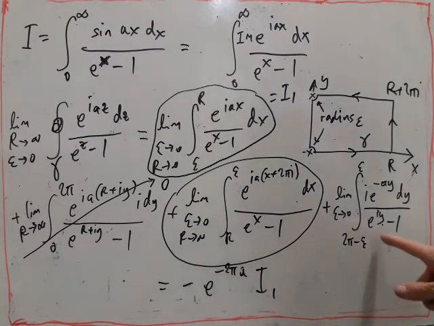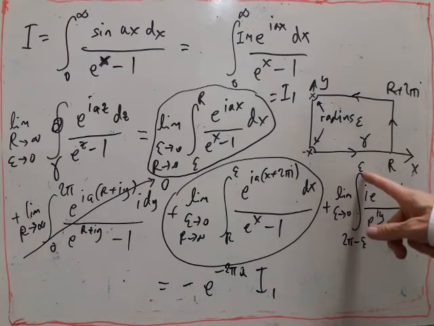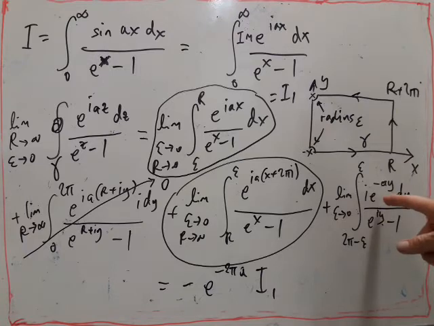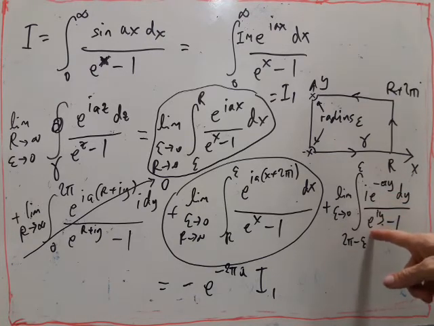The last thing to do is this integral here. This integral also has problems, because as epsilon goes to 0, the limit here is e to the 0, so you've got 1 and then you divide by 0 again.